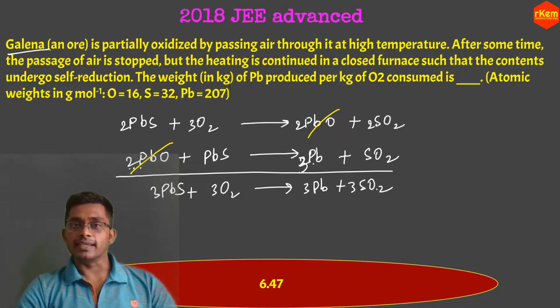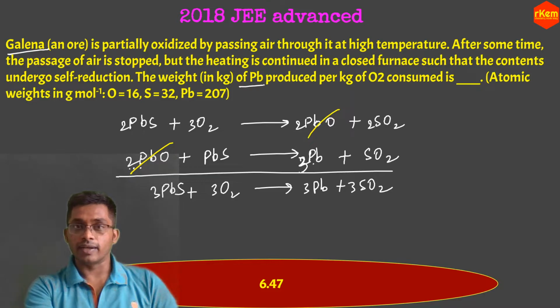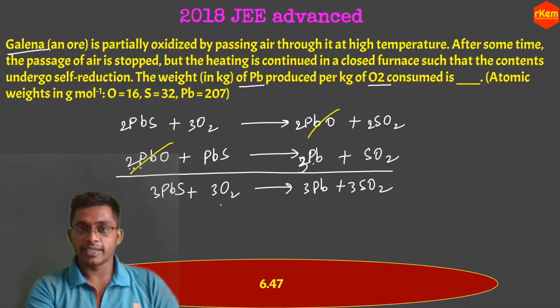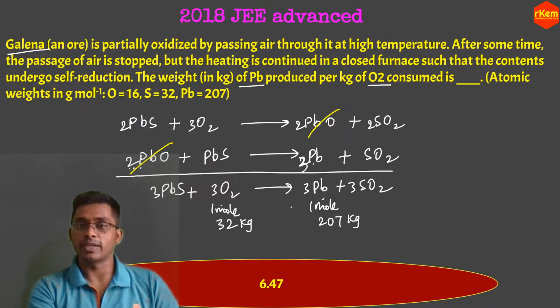So now they are asking the quantitative relation, the weight of lead and weight of O2 relation. So 3 moles, right? 1 mole O2 will give 1 mole lead. That means 32 kg should give 207 kg. 1 mole should give 1 mole.